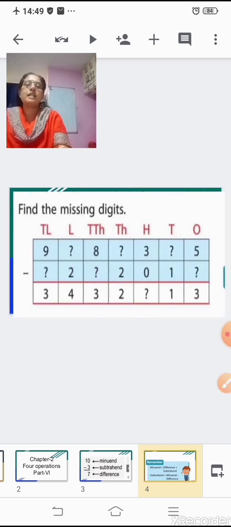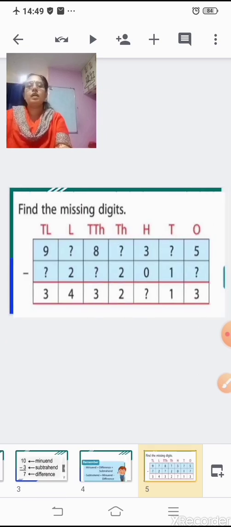Now let us start with an example. See here in this slide, some question marks are there in the boxes where you have to find the digits. We will start from the ones place. Here 5 minus a digit that is not given, and the answer is given as 3. Now 5 minus which number will give you 3?